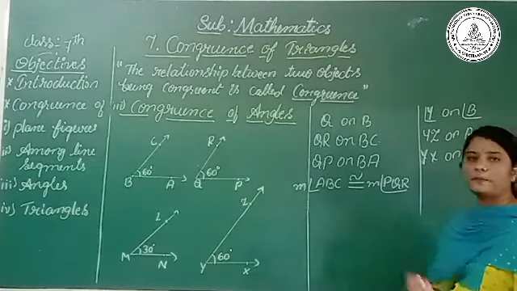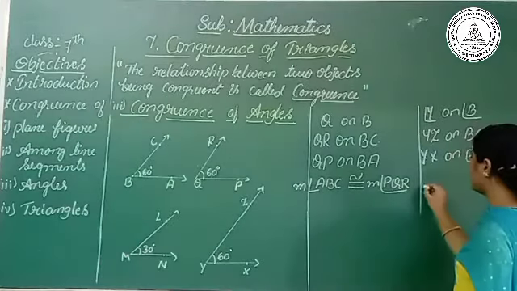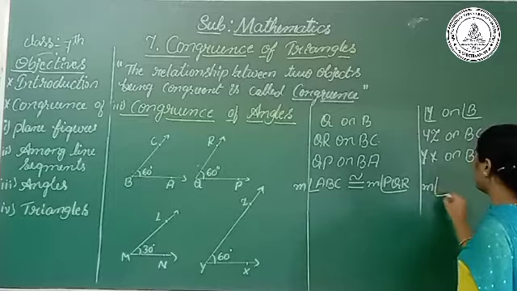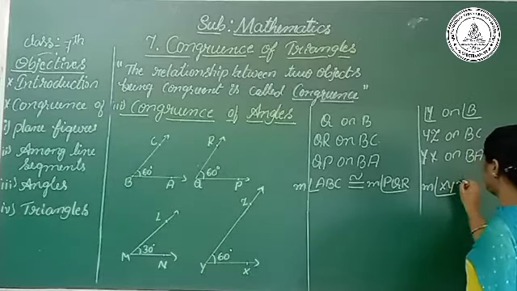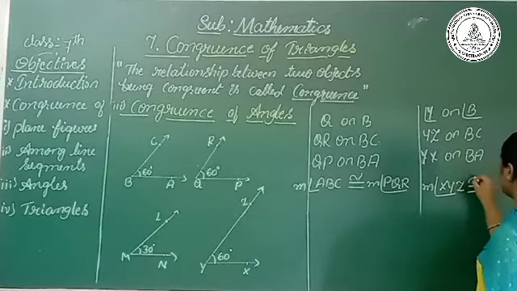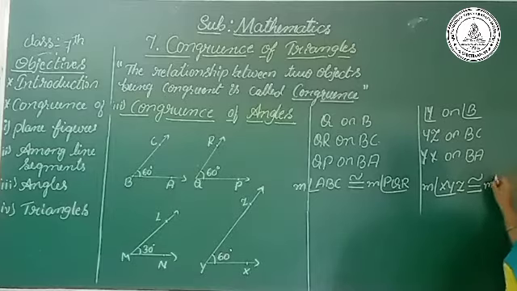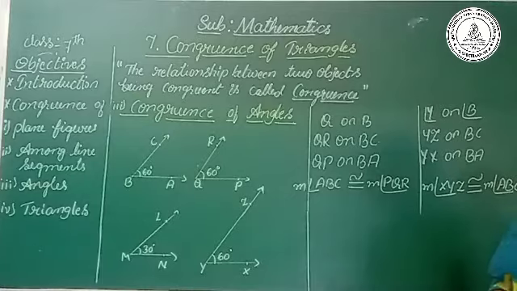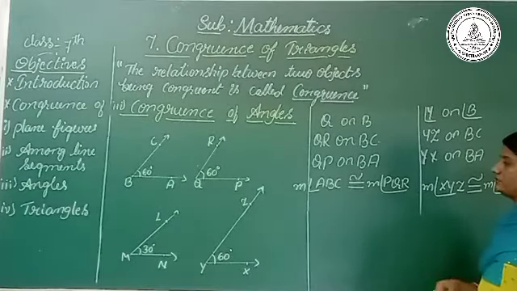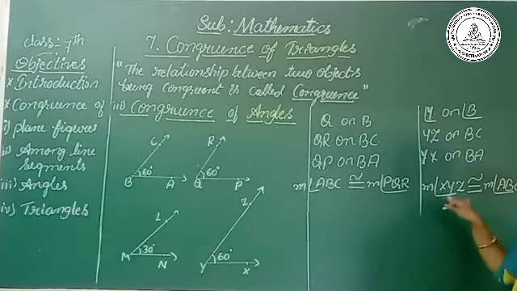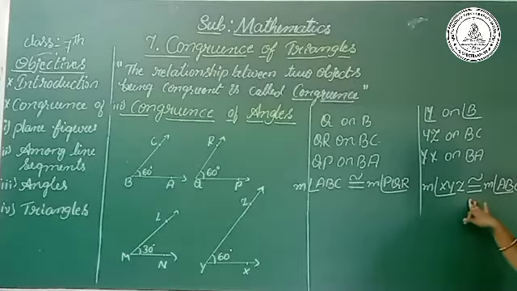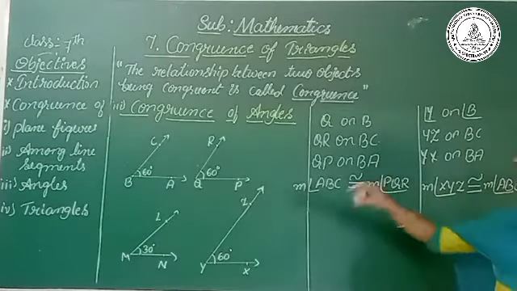Though they will superpose each other, then we can say that the measure of angle XYZ is congruent to the measure of angle ABC.